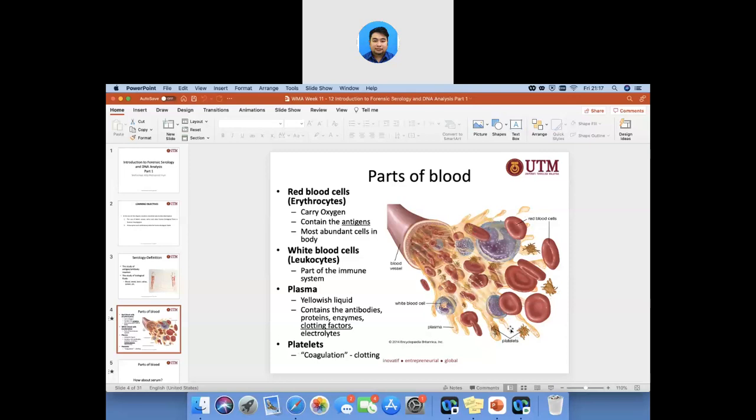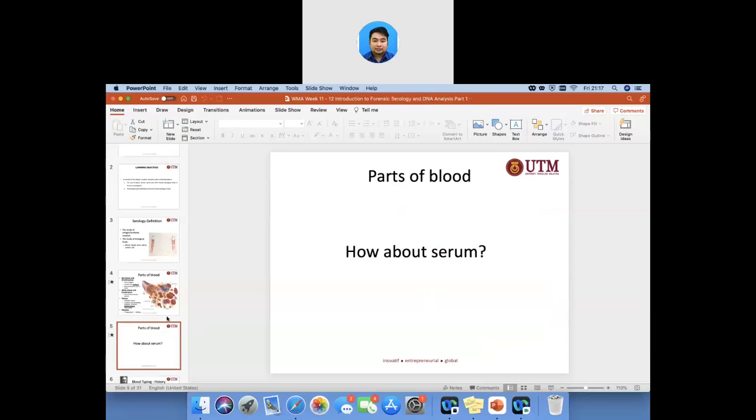So that is part of our blood. How about serum? Serum corresponds to your antigen and antibody. We'll look at it afterwards.